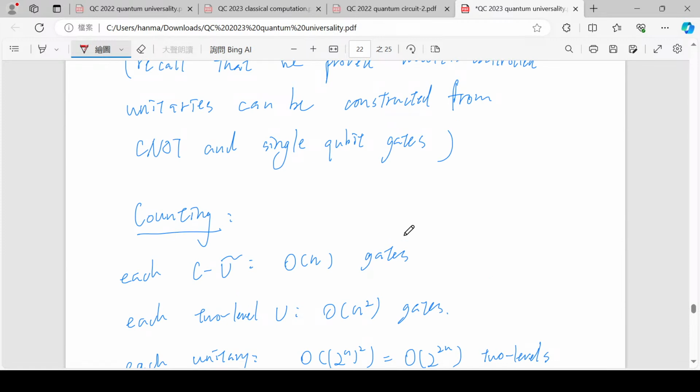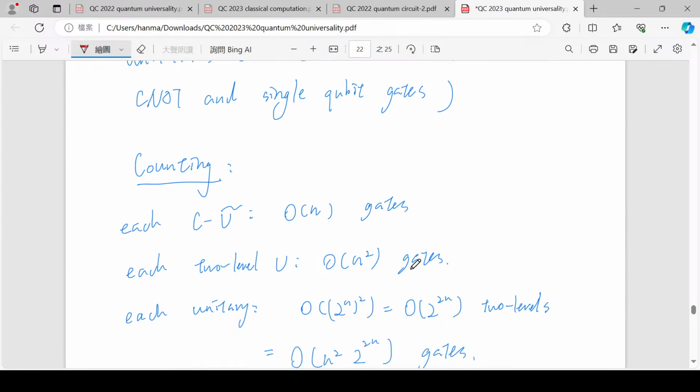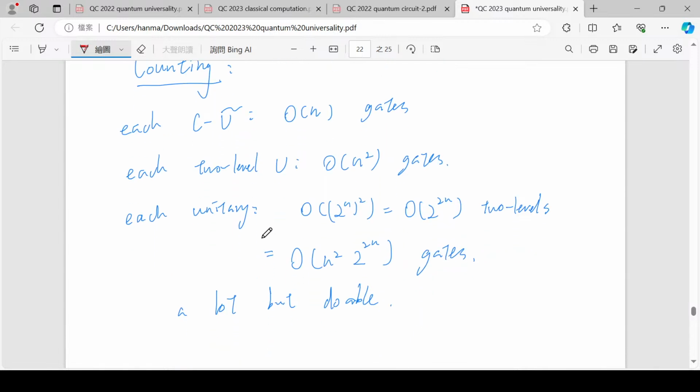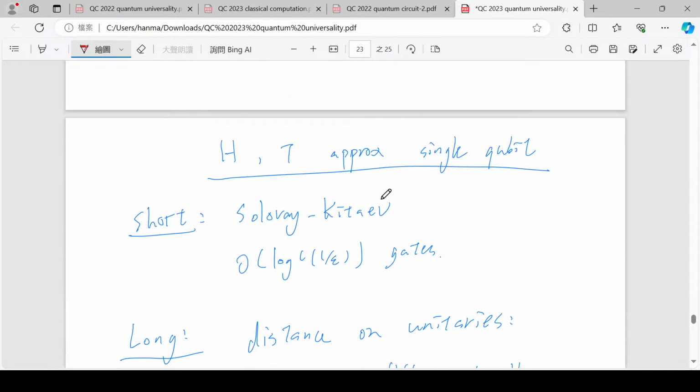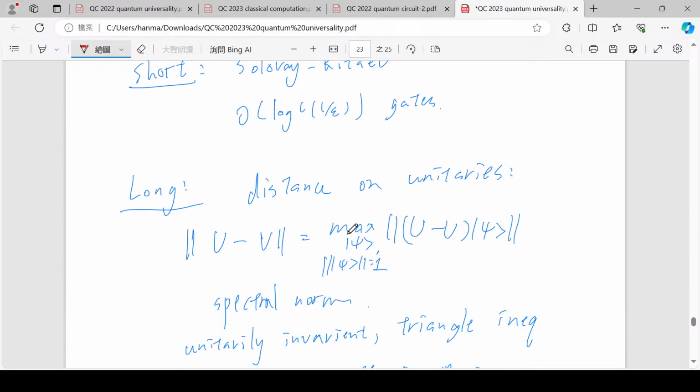I guess this part of approximation is actually pretty efficient. You only need polynomial in the number of qubits, but to approximate each arbitrary unitary with 2-level unitaries, you need a lot of gates. Oh, we're pretty fast, so maybe we can finish this today.